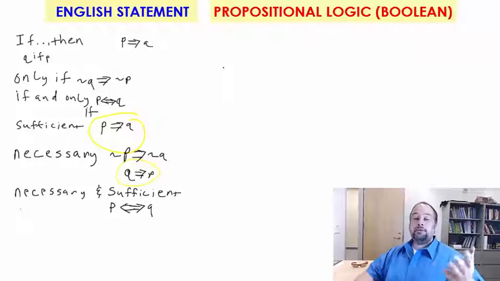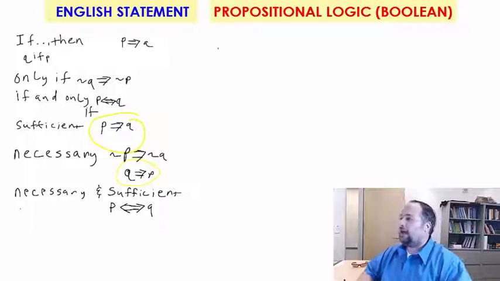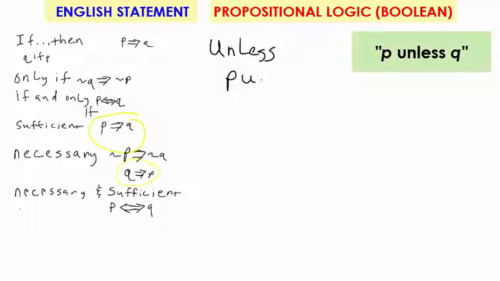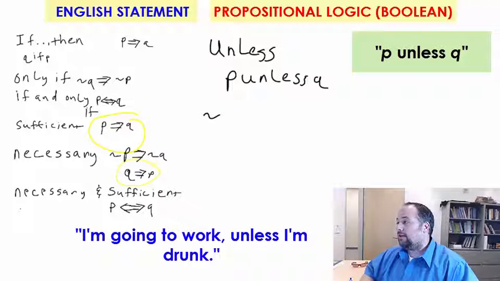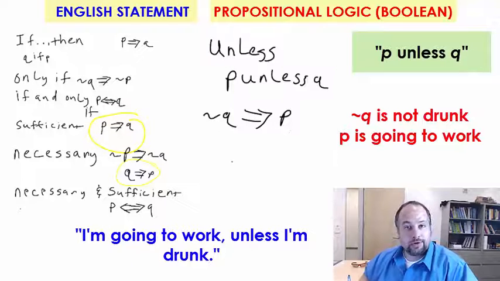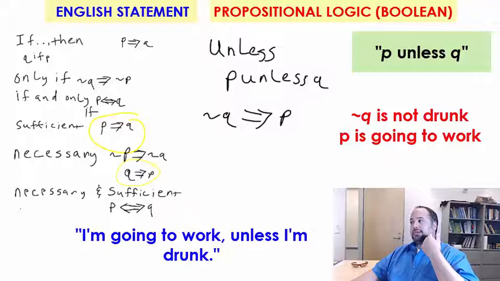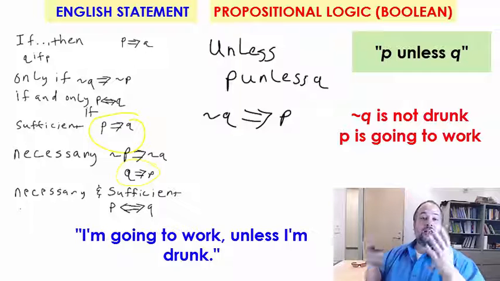All right? Probably the most confusing of all of these different ways of making Boolean statements in English is unless. So we say P unless Q. You might say something like, I'm going to work unless I'm drunk. In that case, not Q, not being drunk, implies P, that I'm going to work. It's not as confusing as it seems, but the way we say things in English, we don't usually have that clean of an unless statement.